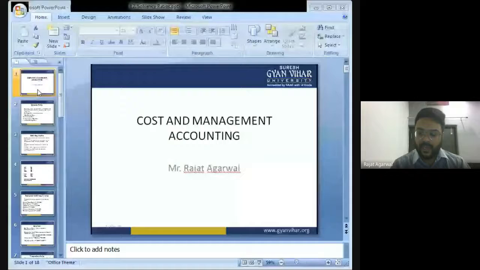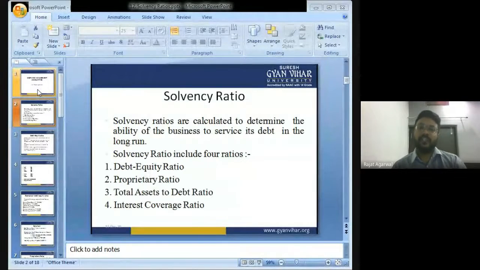Chaliye, let's start with solvency ratio. Solvency ratios are calculated to determine the ability of the firm to serve its debt in the long run. But in liquidity ratio, we get to know the capability of the firm to repay its short-term loans.